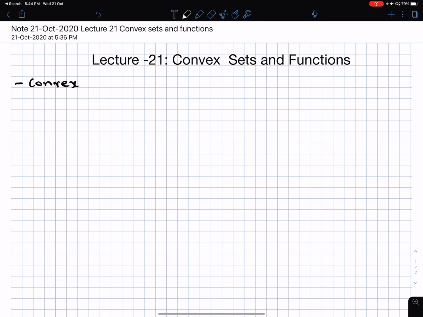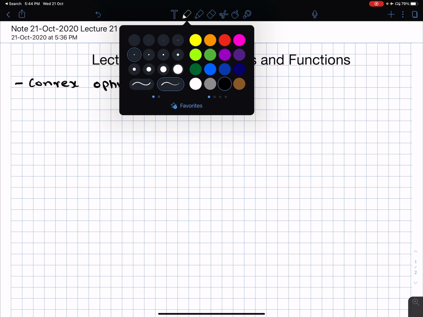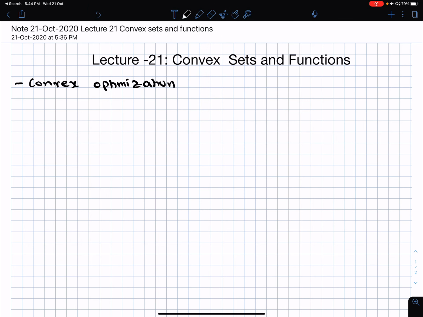So we are actually going to get introduced to convex optimization today. What we want to show here is that these problems have some very nice geometric features. These problems are somewhat, I would say, more solvable than the very generic nonlinear optimization problem.